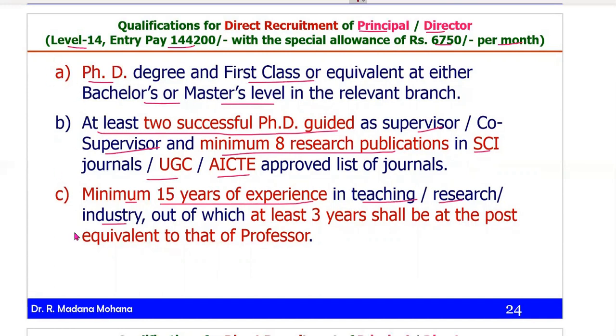Out of 15 years of experience, at least 3 years shall be at a post equivalent to that of professor. So at professor level, minimum 3 years of experience is required. Then overall 15 years of experience, by satisfying the conditions A, B.